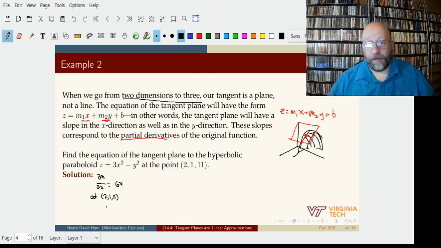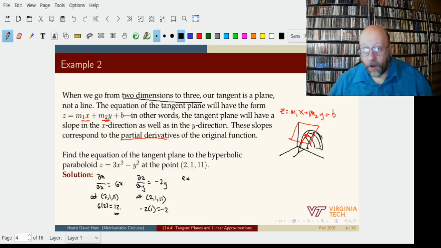And so 6 times 2 is 12. And so that's the slope in the x direction. If we calculate the partial derivative with respect to y, this term goes to 0, we get negative 2y. And again, we're at the point 2, 1, 11. And so negative 2 times 1 is negative 2.